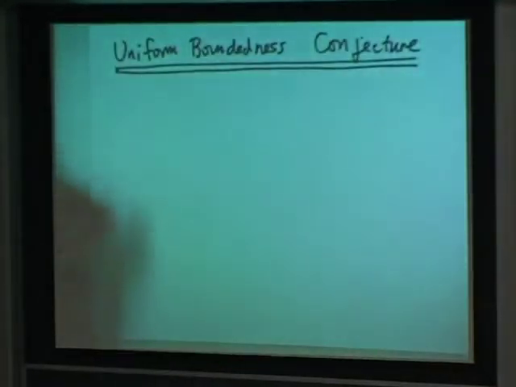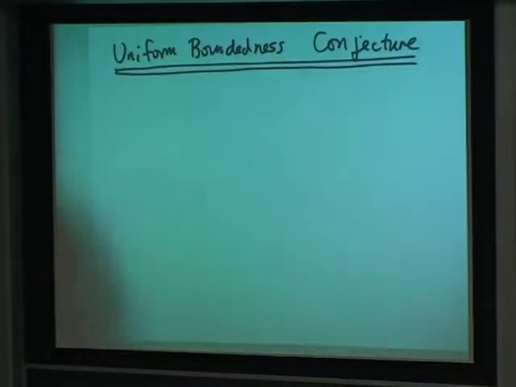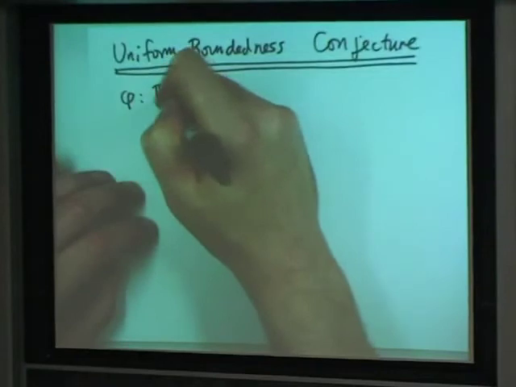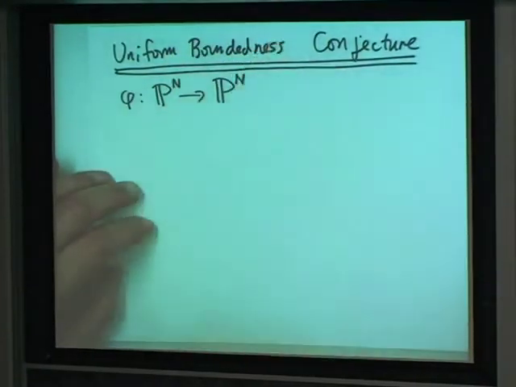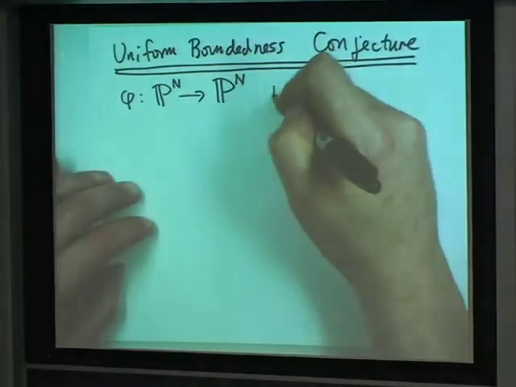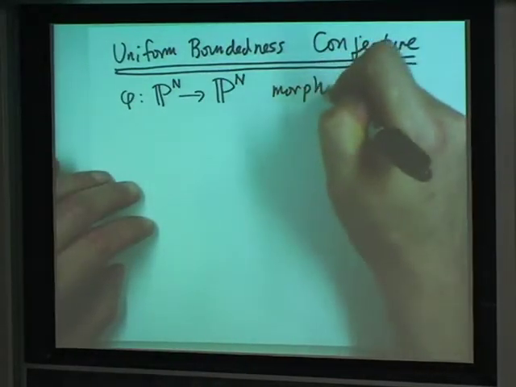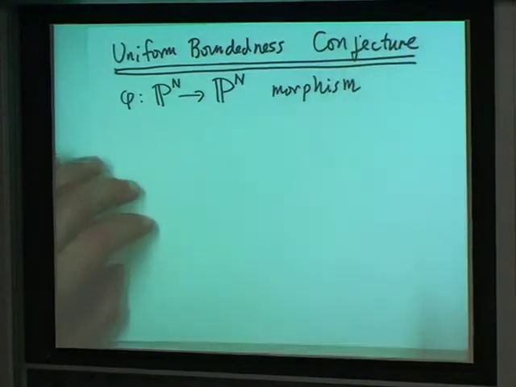All right, so this is actually the one time during the talk I'm going to do something in dimension higher than 1. Though, of course, a lot of what I've said is interesting to study in higher dimensions. So let's take a map, instead, not necessarily on P1, but on Pn. But I want to require this to be a morphism, so it's everywhere defined.